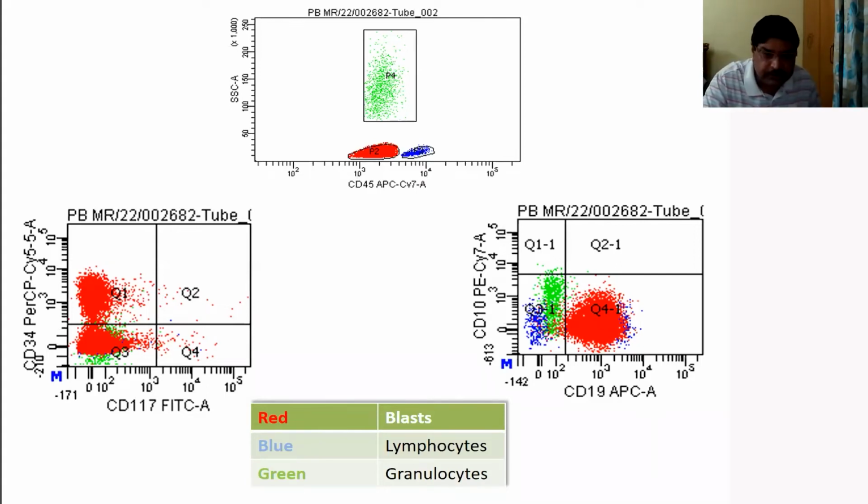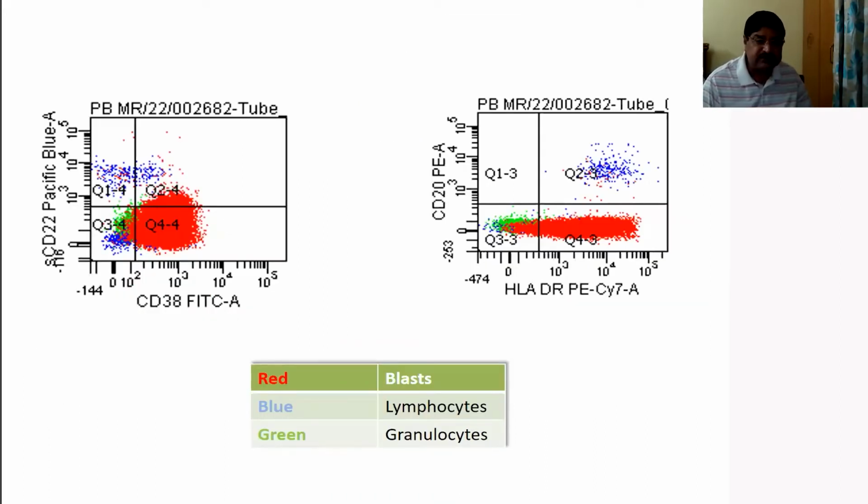And if you see the other two scatter plots, CD34 and CD117, it shows that the cells are CD34 positive, in the Q1 population, the upper inner quadrant. Then you see the CD19, CD10 plot, which is CD10 negative, CD19 positive. So the cells are CD34 and CD19 positive.